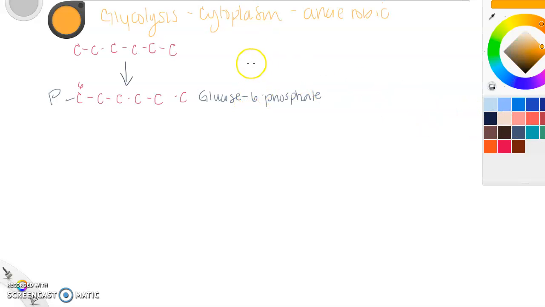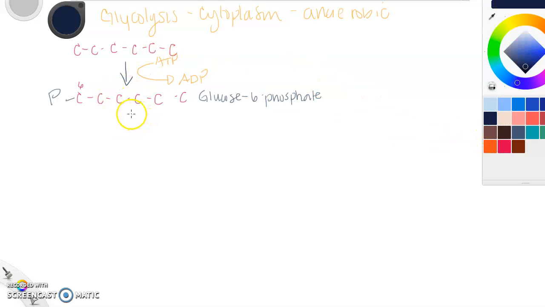So where do we get that phosphate? It doesn't just appear. It comes from ATP. We take the phosphate off of ATP, it becomes ADP, and we attach it to the glucose, making glucose 6-phosphate.